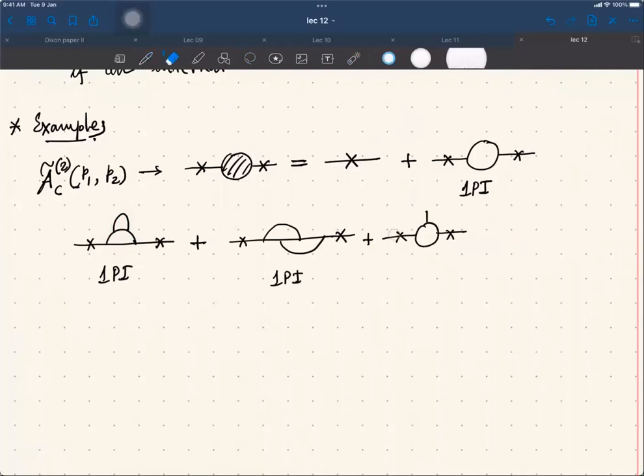This one is not 1 PI, because if you cut this line, then it will be disconnected.